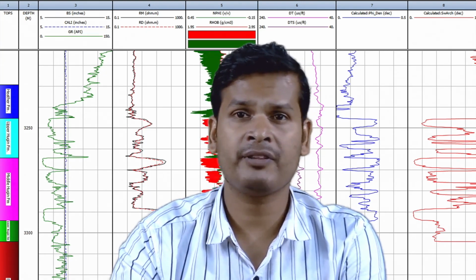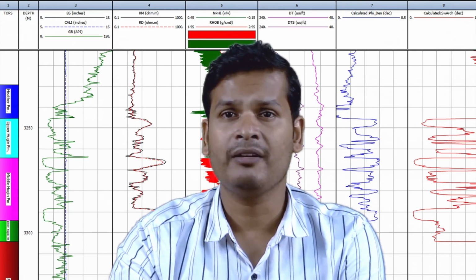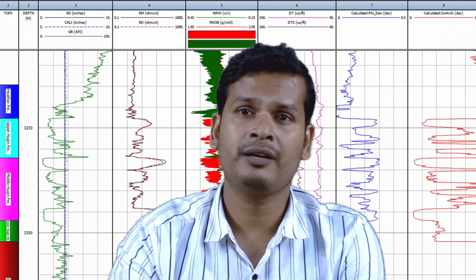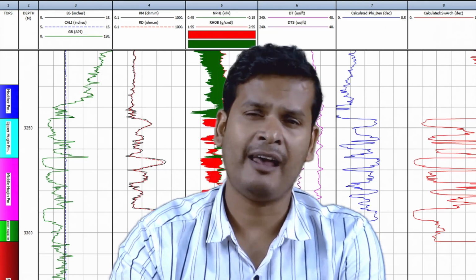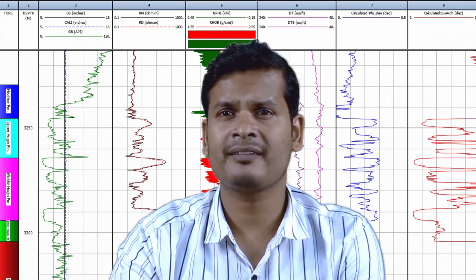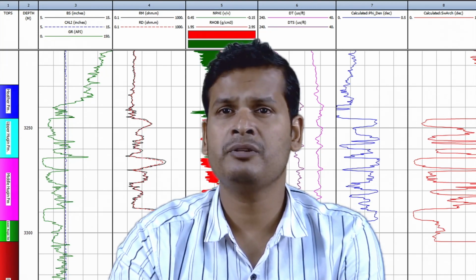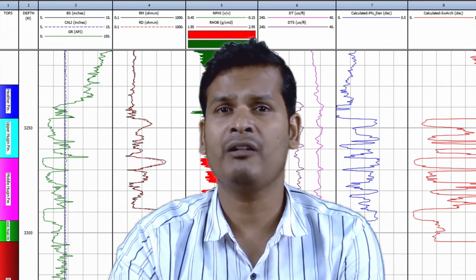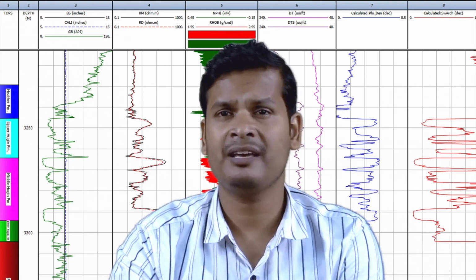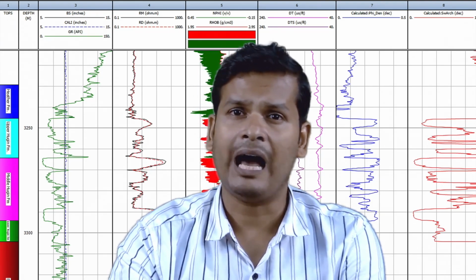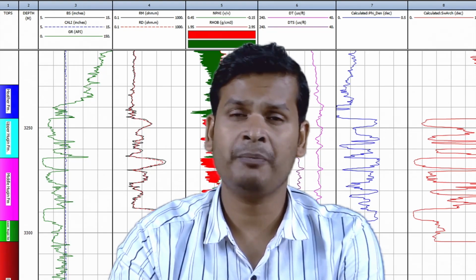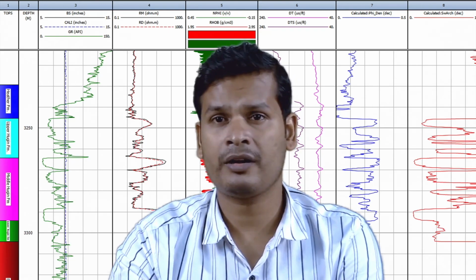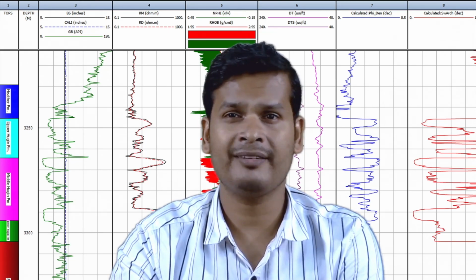Then we moved to the SP and gamma ray logs, which could be used for identifying potential hydrocarbon zones and marking the bed boundaries. We discussed the resistivity logs to find out where the hydrocarbon zones are located and also to calculate the formation water saturation. Then we discussed our porosity logs, which are used for porosity computation from log data. So density log, neutron log and sonic logs were discussed.